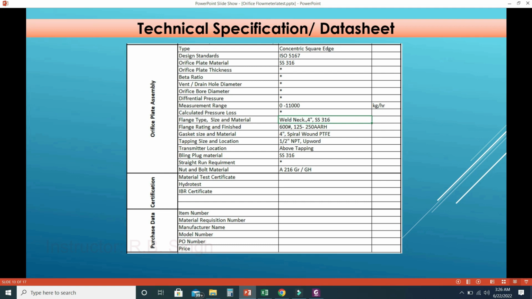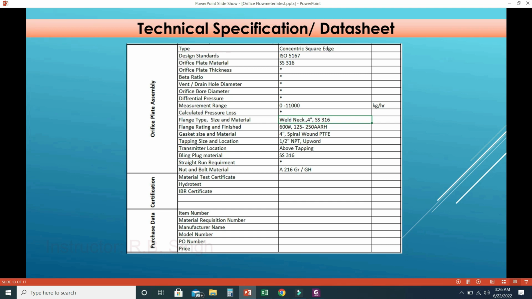So pressure loss and beta ratio will be as per our requirement. In that case, whatever the differential pressure is, that will be the measurement range or calibration range for the transmitters. So normally what value do we use for the differential pressure whenever we start the sizing? It is 25-inch H2O. So just start the sizing with 25-inch H2O, and we can vary this value depending on the calculated pressure loss and beta ratio.